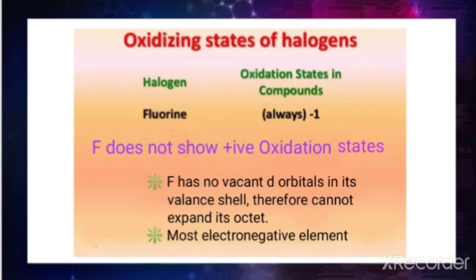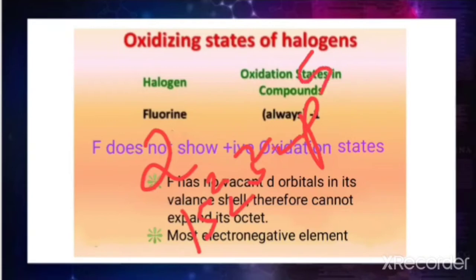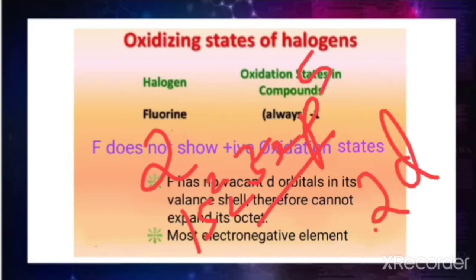Since fluorine is in the second period of the periodic table, the outermost shell in fluorine is the second shell. So when you write the electronic configuration, 1s2, 2s2, 2p5. So the outermost shell is the second shell, and we know that 2d is not present.